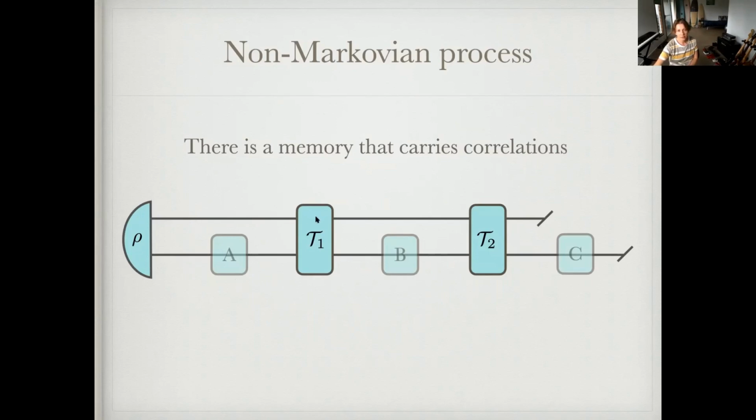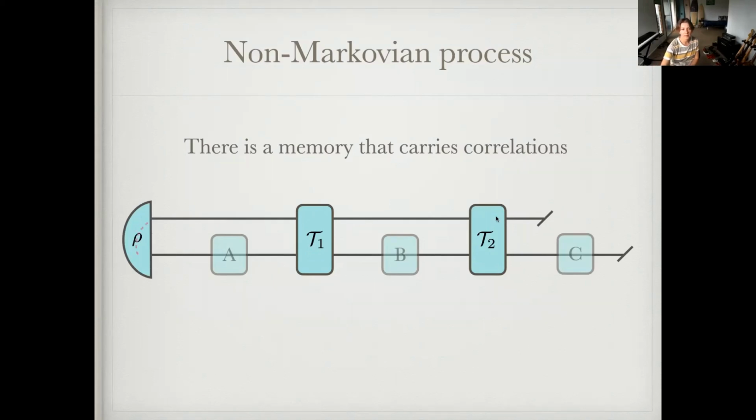And the environment can affect the system: there is a system-environment interaction here, and another system-environment interaction here. Every time there is a gate, there is an opportunity for the environment to affect the system.